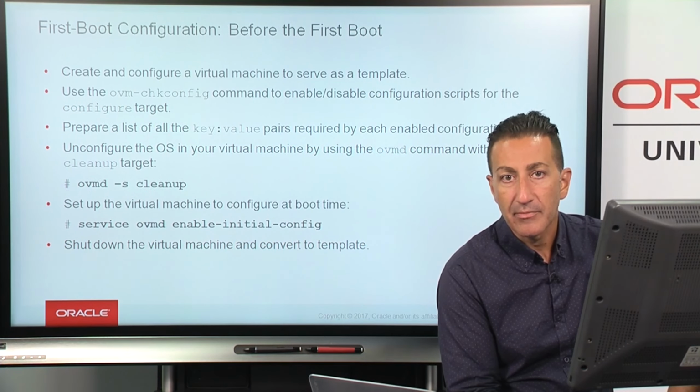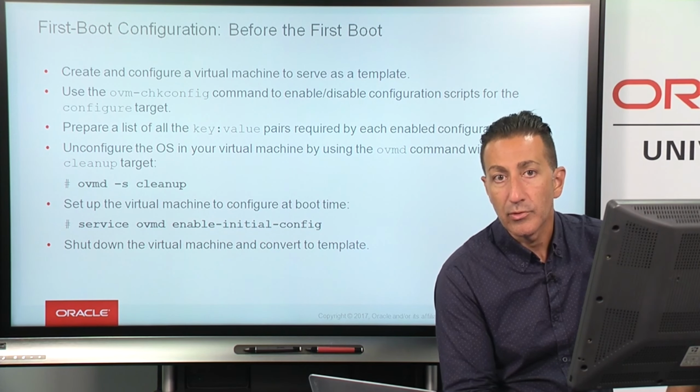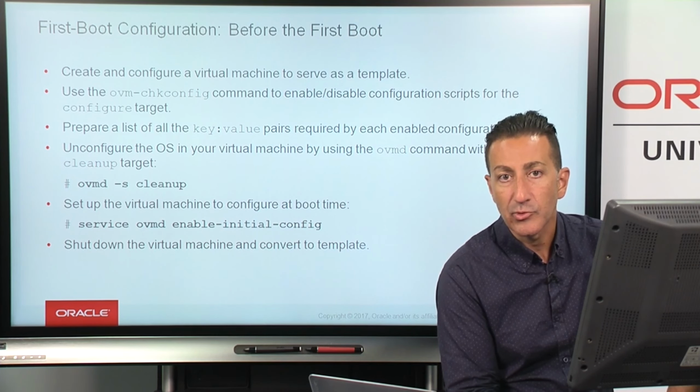You use the ovm-checkconfig command to enable or disable the configuration scripts for the configured target. So you use this to set on or off, for example, authentication, firewall, SSH, user, system, that are going to be enabled. So you need to decide whether to provide information during the first boot or not.